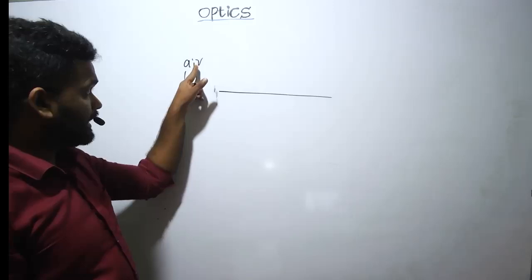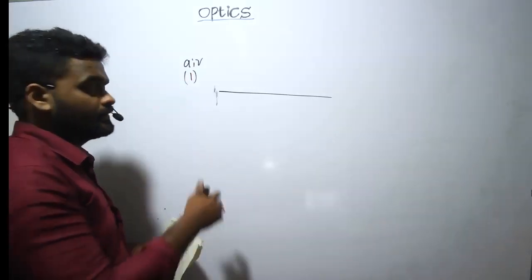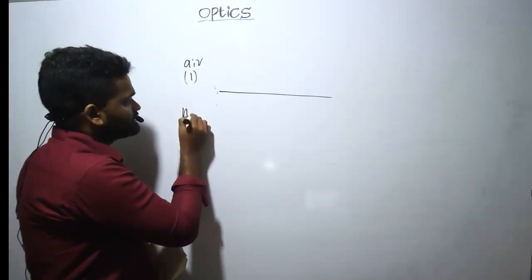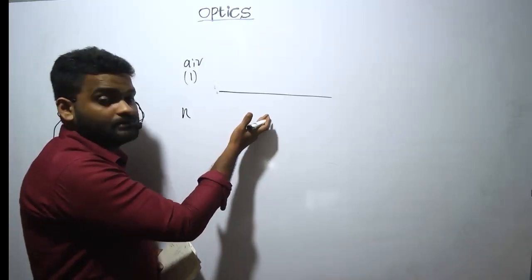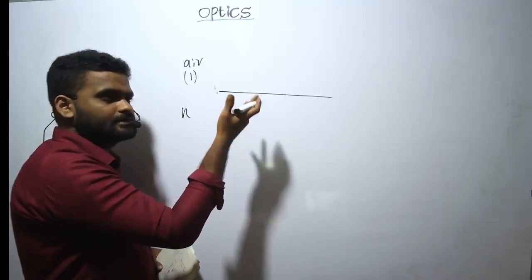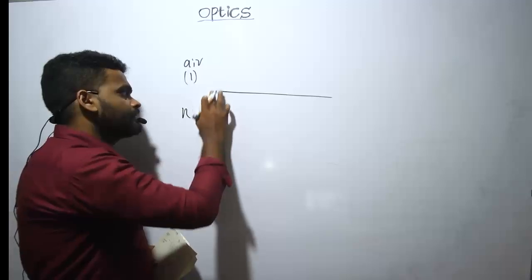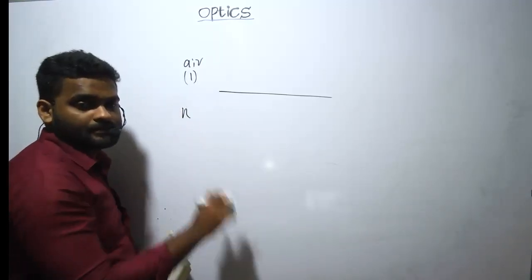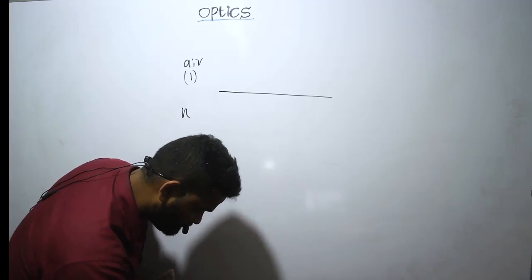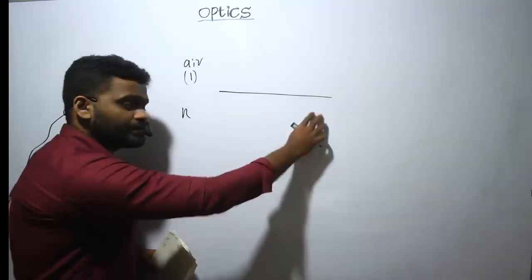And let's say the refractive index of the medium, which can be water or glass or anything else, is simply n. Any transparent medium.